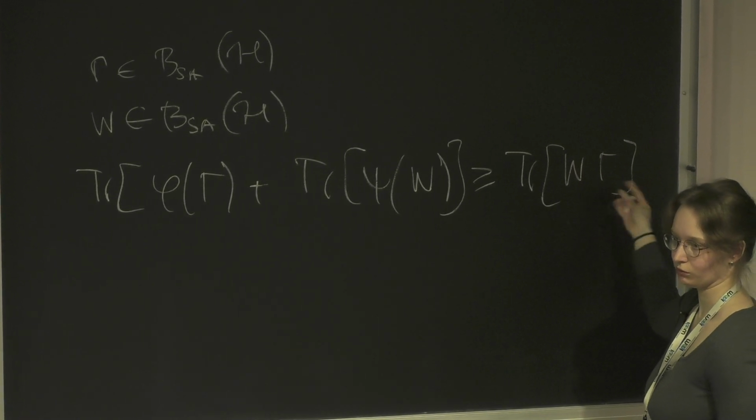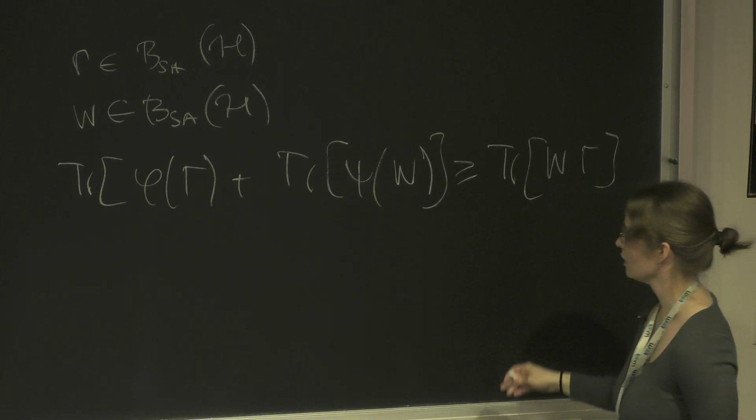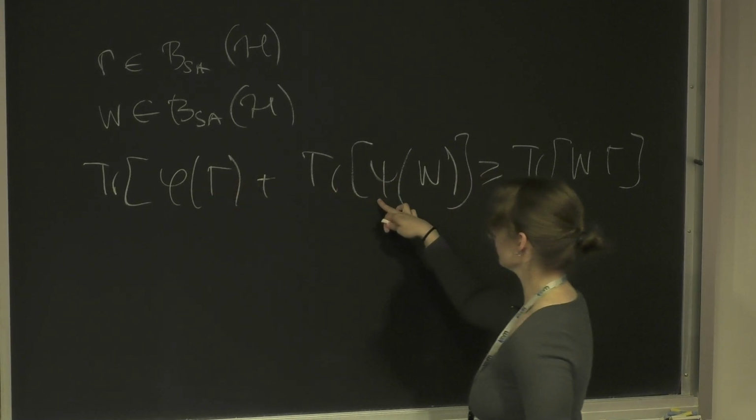So this is the Fenchel-Young inequality for matrices. Here, phi and psi again are the Legendre transforms of each other.